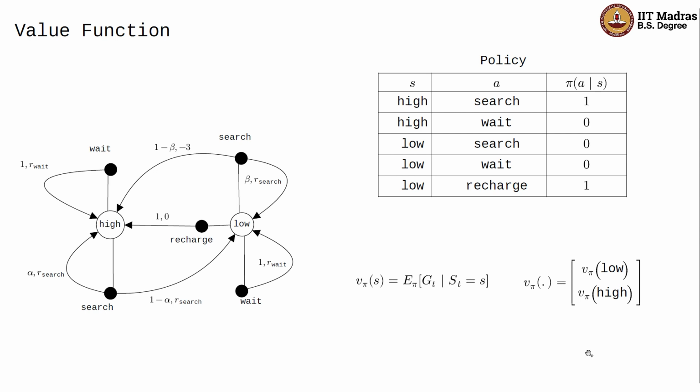In subsequent lectures, we'll learn how to evaluate the value function for a given policy, and after that we'll try to figure out how we can learn an optimal policy, so as to solve the reinforcement learning problem. This is what we'll get to in the upcoming weeks.